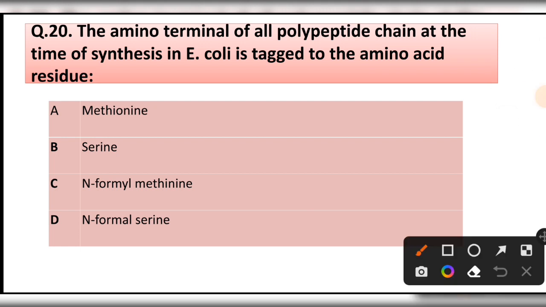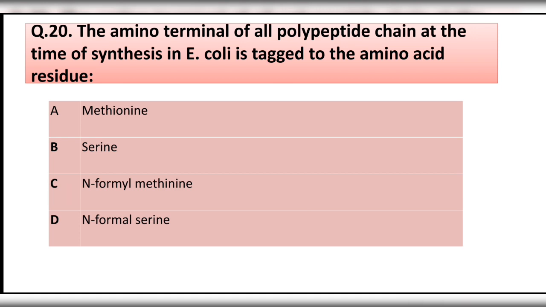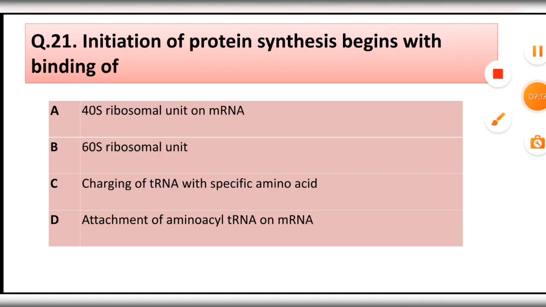Question number 20. The amino terminal of all polypeptide chains at the time of synthesis in E. coli is tagged to amino acid residue methionine, serine, N-formyl methionine, N-formyl serine. Correct answer is option C, N-formyl methionine. 21.